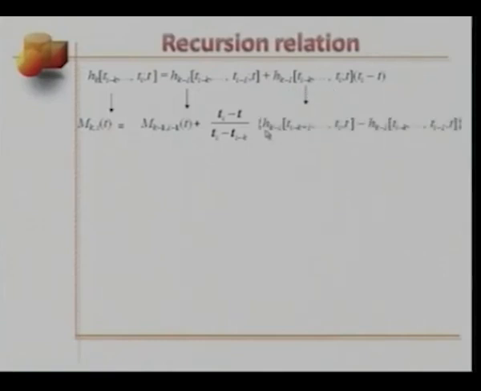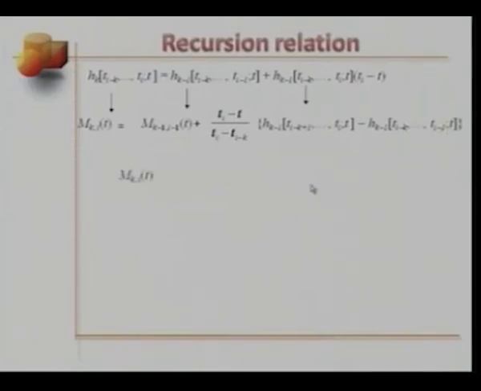This is hk-1[ti-k+1 up till ti : t] minus hk-1[ti-k going up to ti-1 : t].